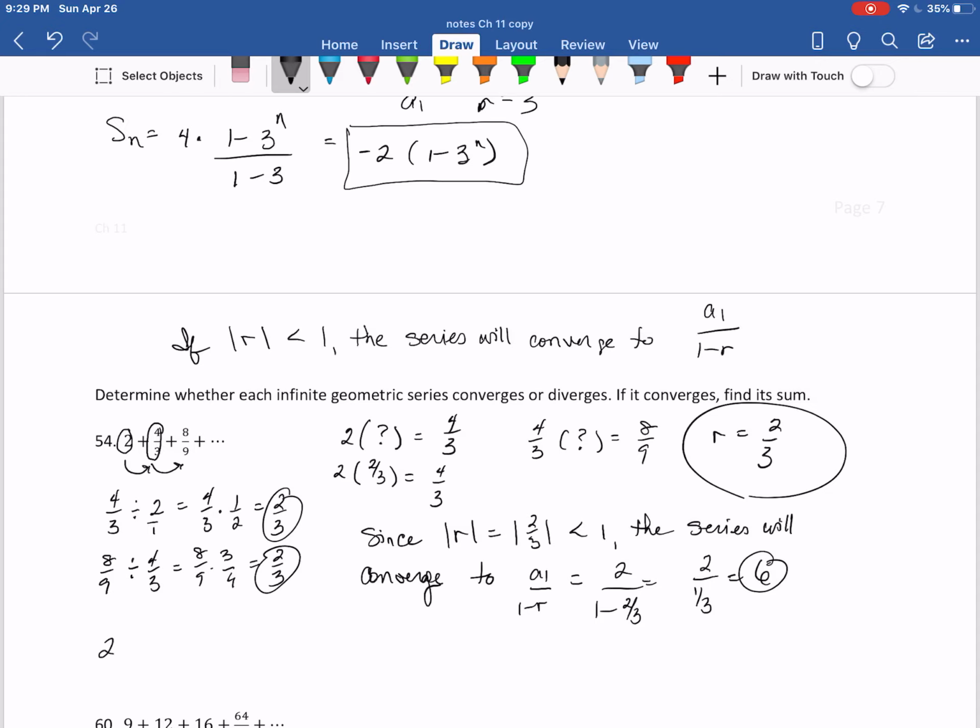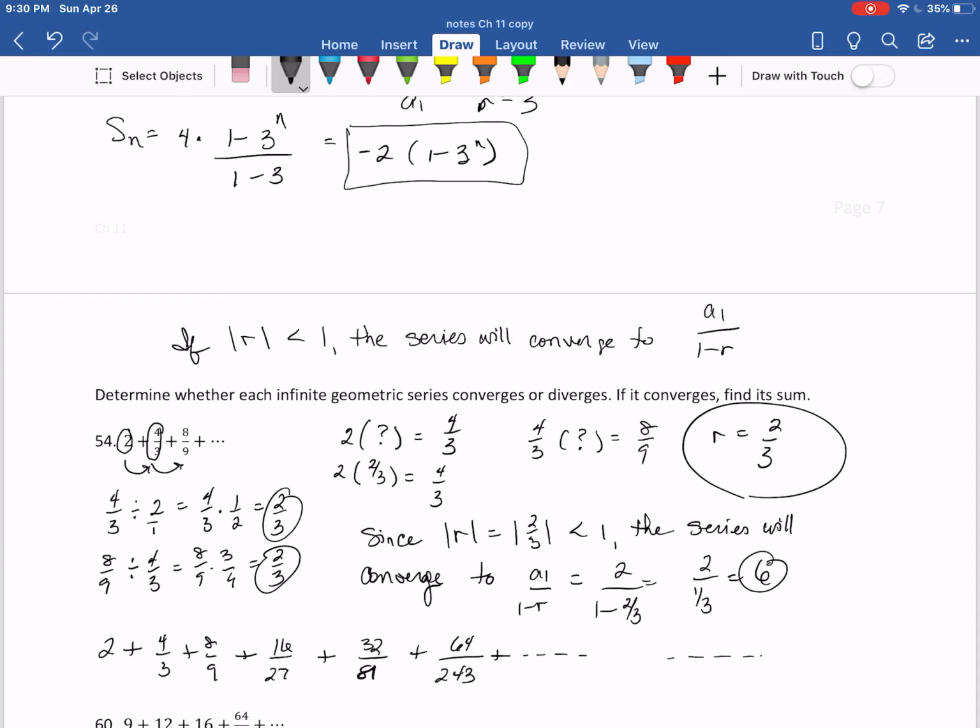And so this says that if you were to write out more terms, if you don't stop where the problem stopped, 2 plus 4/3 plus 8/9, the next term would be 16 over 27. The next term would be 32 over 81. The next term would be 64 over 243. And you would keep going.